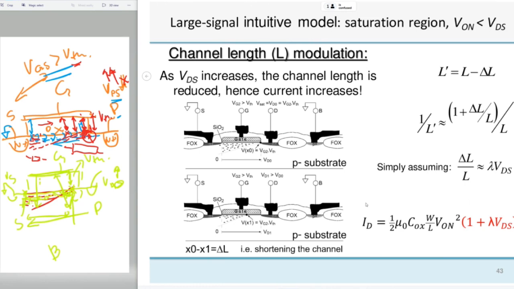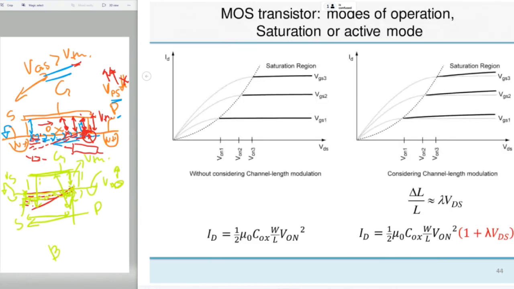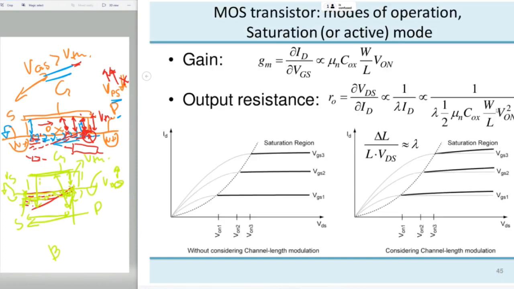Usually, we'll work with this equation, where lambda is the channel length modulation effect. So the characteristic without channel length modulation, with channel length modulation. I'll stop here for now. In the next session, we'll continue with the small signal parameters.